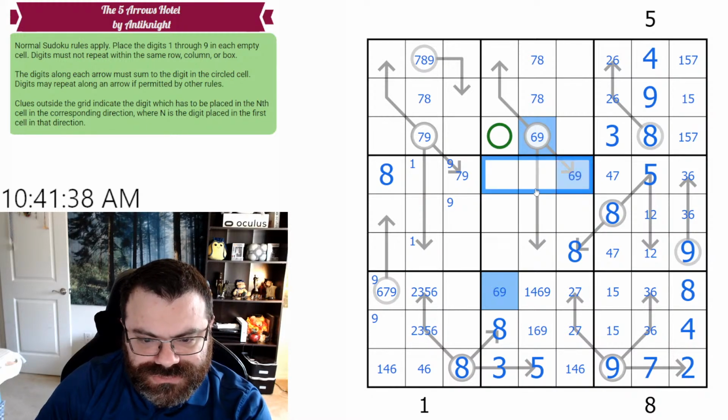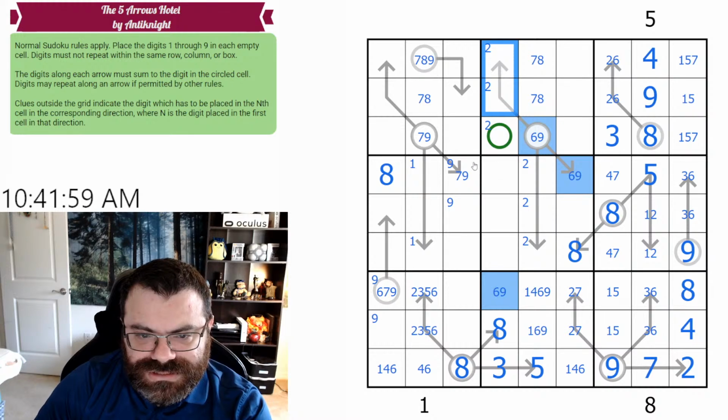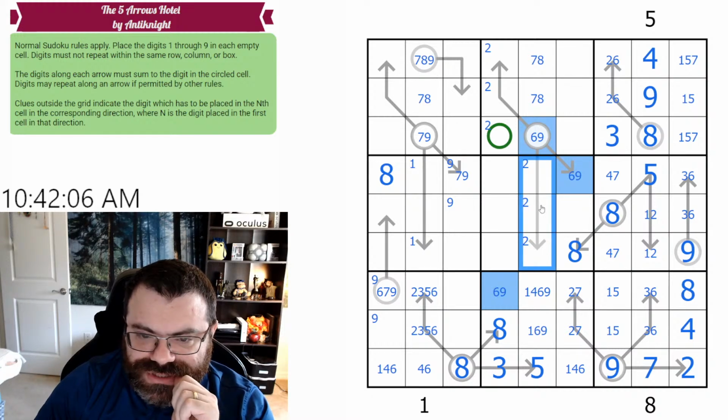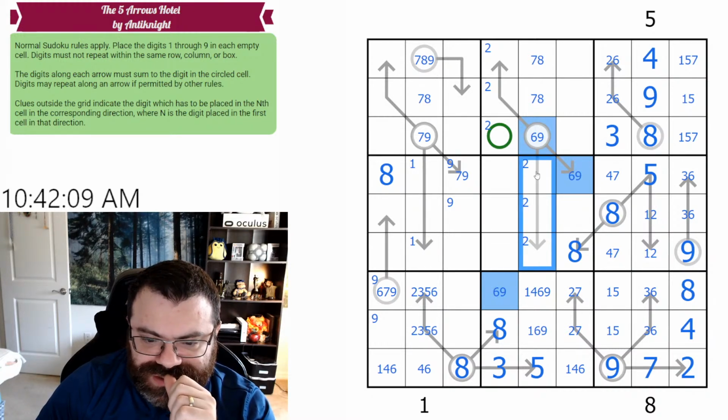All right, so. And now, yes, 2 in this column is on this sum. How does that help? So 2 up here. So with a 2 on here, the 9 could be 1, 2, 6 or 2, 3, 4.